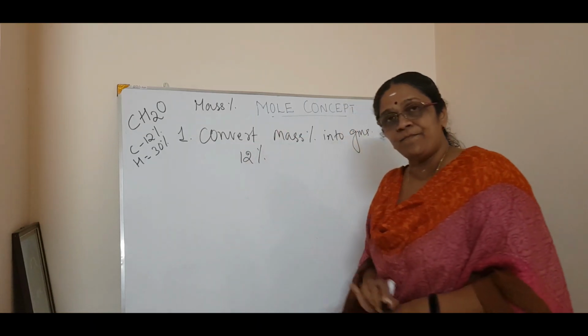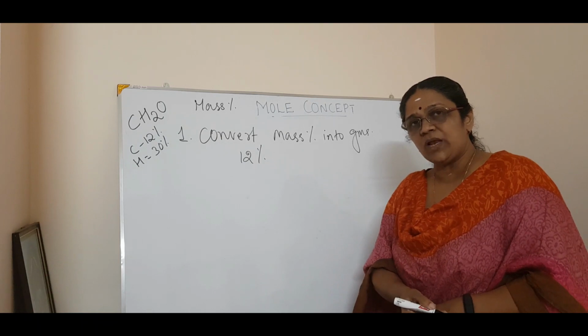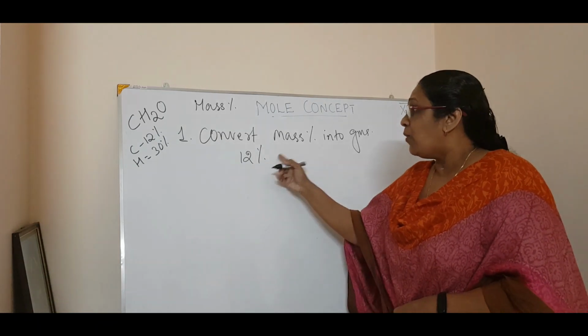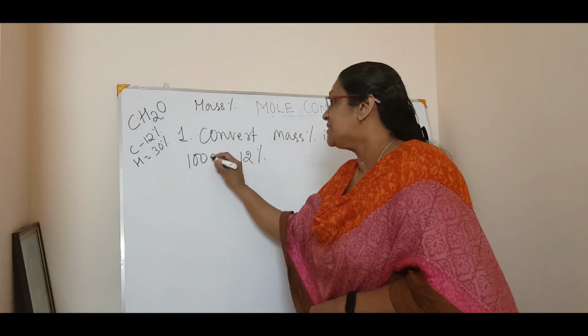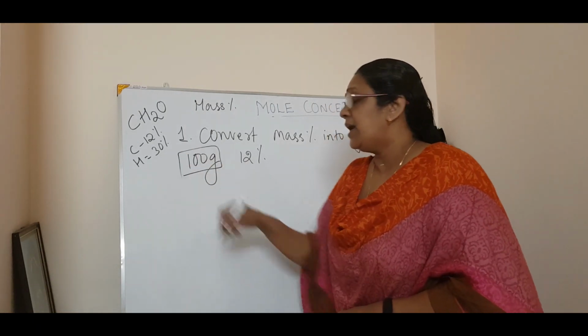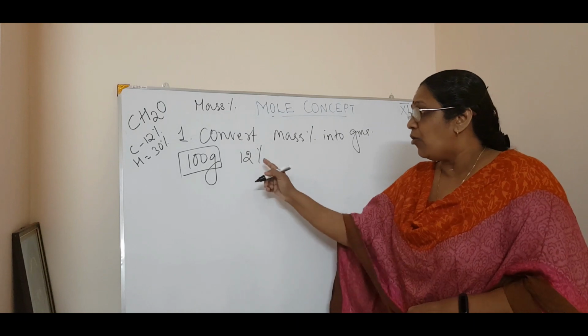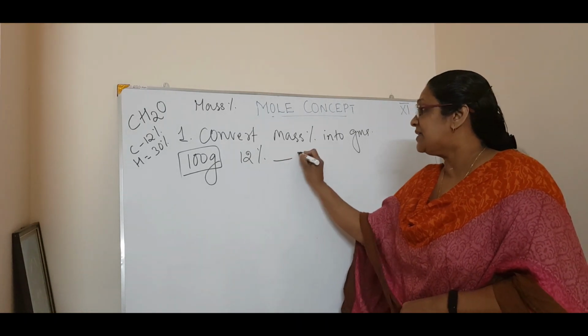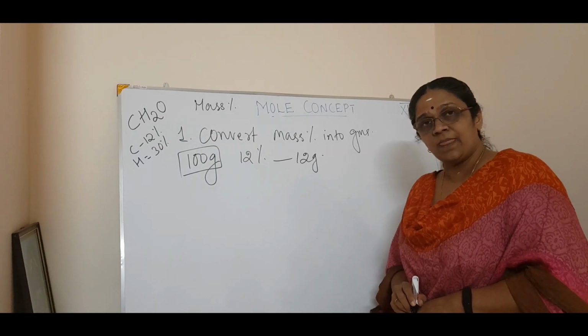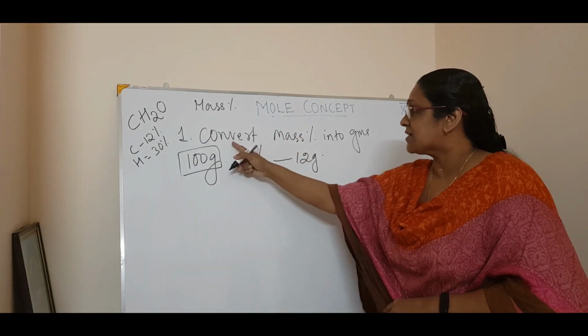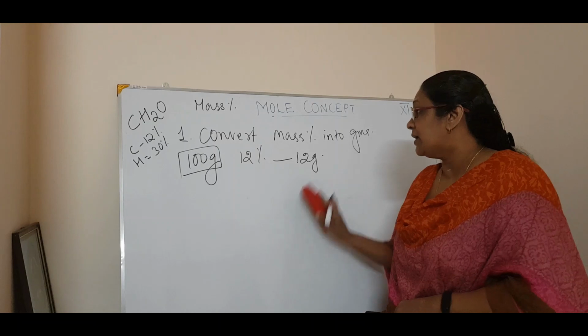Say, 12% of carbon. How will you convert this? If you say 100%, it means 100. So if you put this percentage as gram, in 100 grams, how many grams of carbon? 12% means 12 grams. That's it. Simple. Okay. So that is the first conversion, the conversion of the mass percentage into grams.